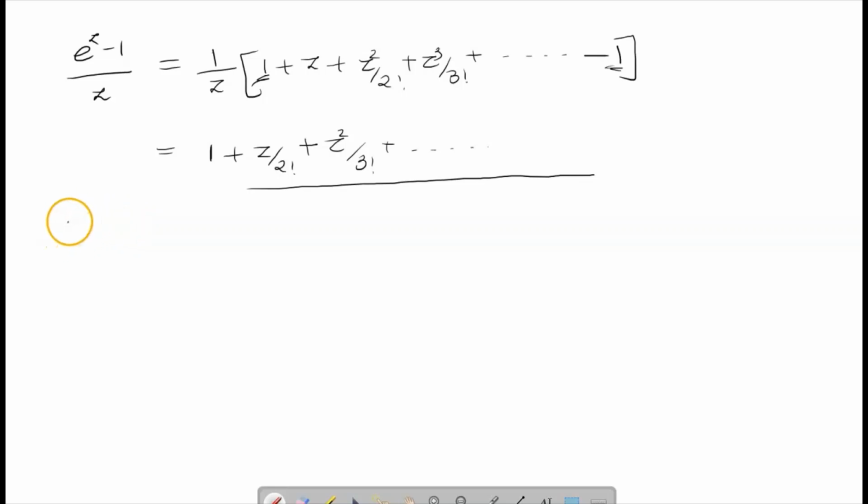So, here the singularity is z equal to 0, since the denominator is 0 when z equal to 0. Z equal to 0 is the singularity and it is removable, since the Laurent series expansion doesn't contain any term containing negative powers of z. So, z equal to 0 is a removable singularity.